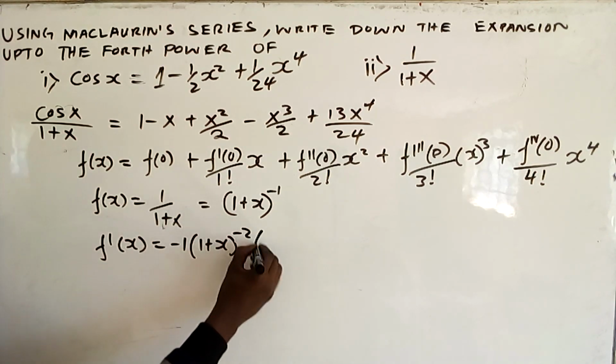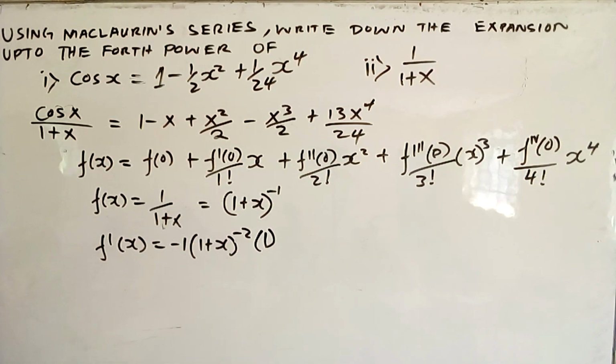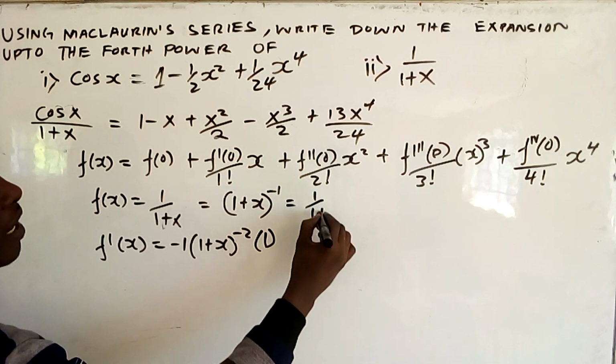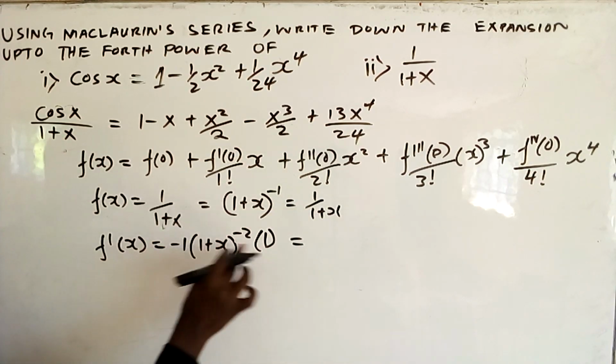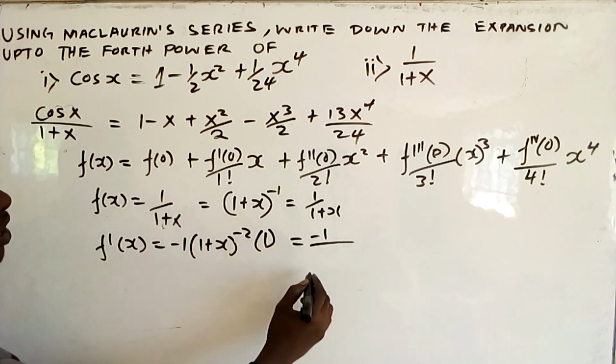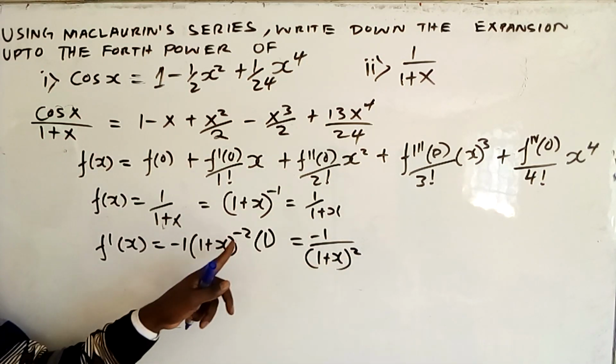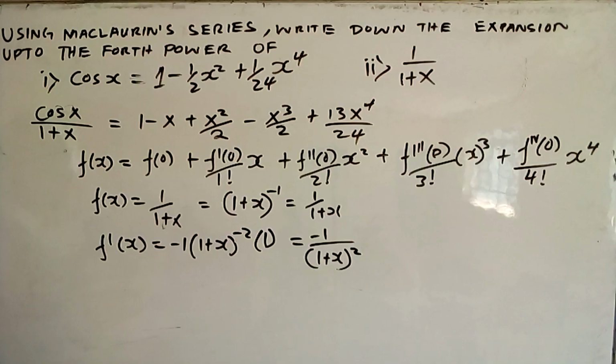So if you multiply it by 1, that is what you end up with, isn't it? Yes. So here we have negative 1 over 1 plus x squared. Remember, negative 2 means 1 plus x squared is in the denominator, isn't it? Yes. Is that okay? So we've simplified this.